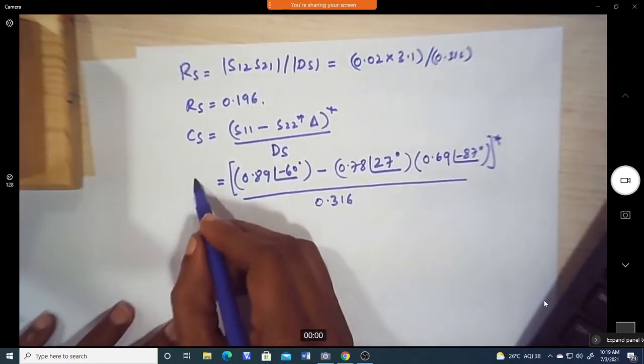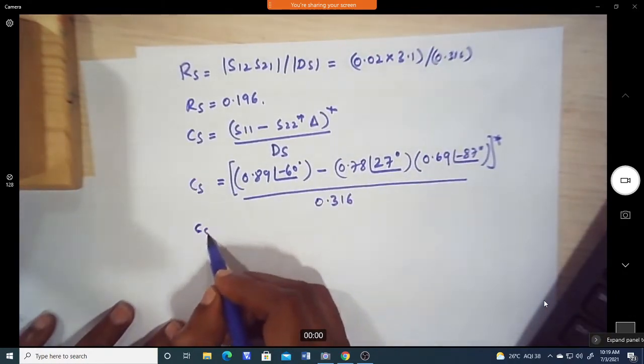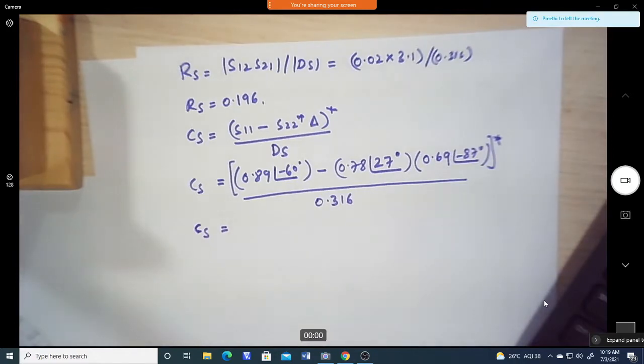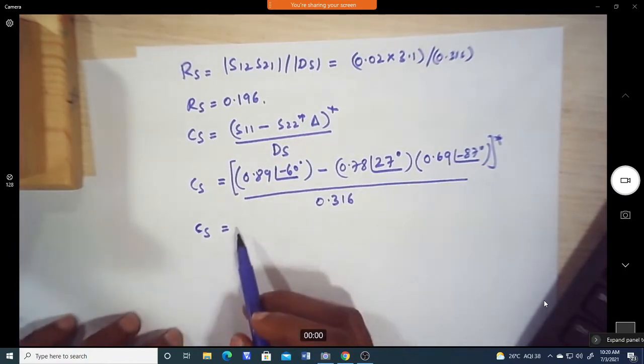Find out the value of CS. What is the value of CS?